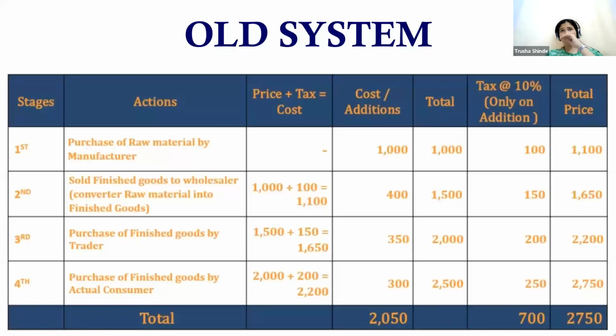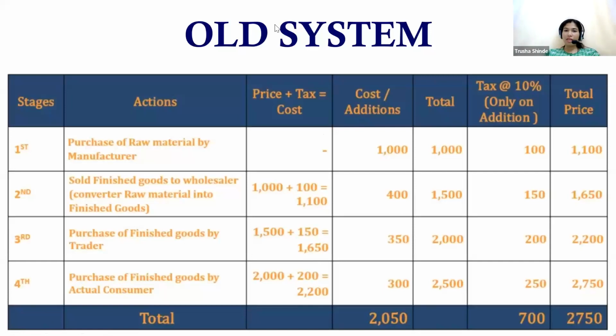Now, to understand exactly what it is, let's take an example. The old system which we were following, before GST was launched, how was the process? The first case here is where the manufacturer purchases raw materials, bearing a cost of rupees 1000.